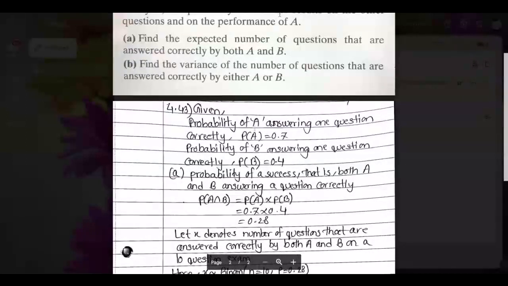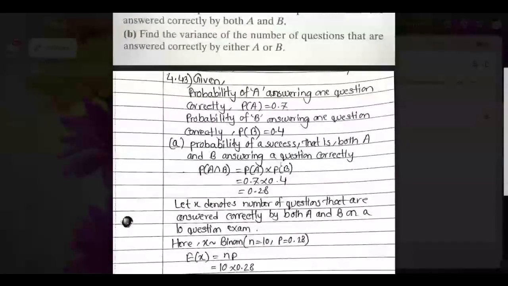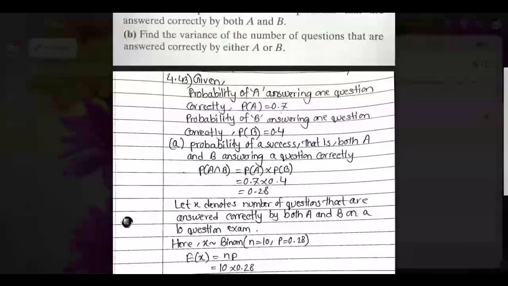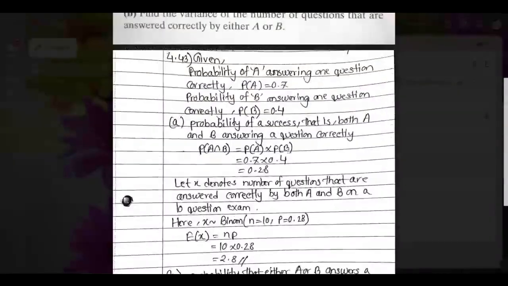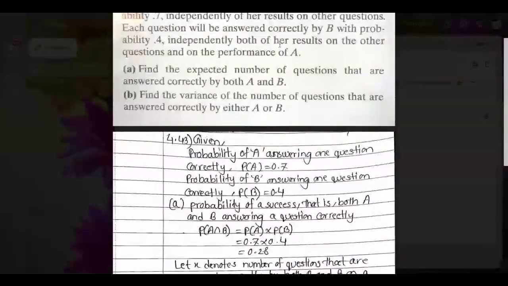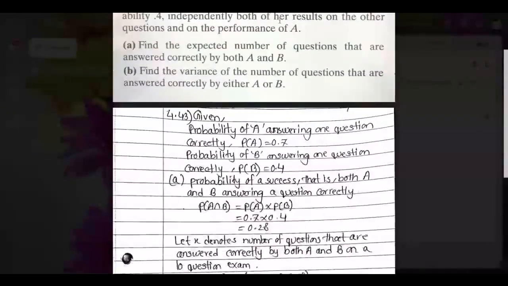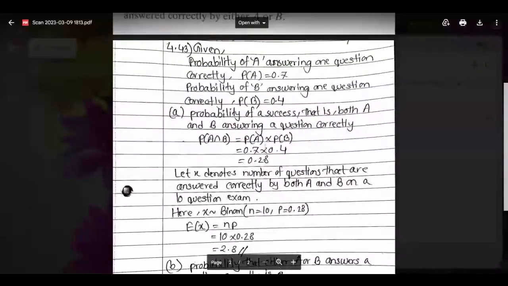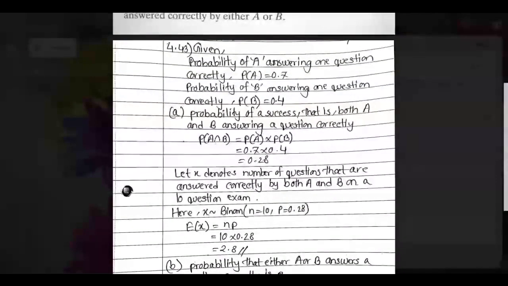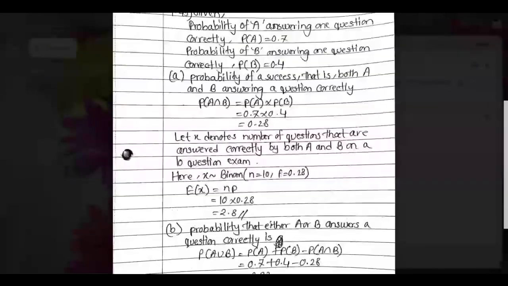So we have given the probability of A answering one question correctly is 0.7 and the probability of B answering one question correctly is 0.4. Question A asks that we find the expected number of questions that are correctly answered by both A and B. From chapter 3, we have this formula: the probability of A and B equals probability of A times probability of B, which is 0.7 times 0.4, 0.28.